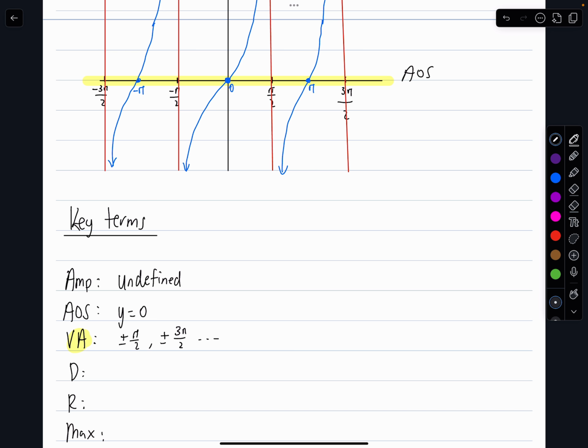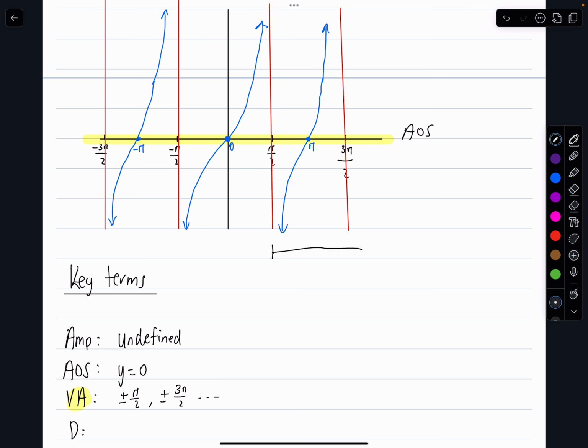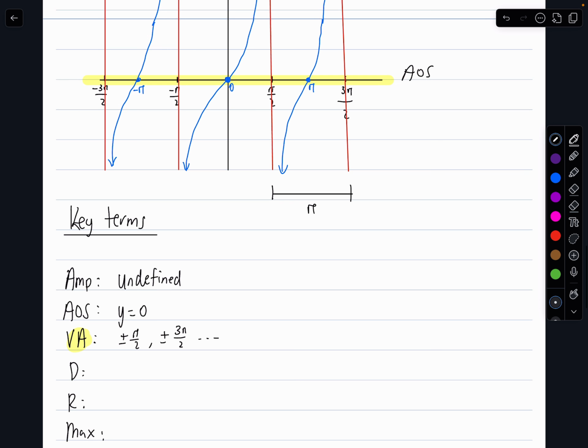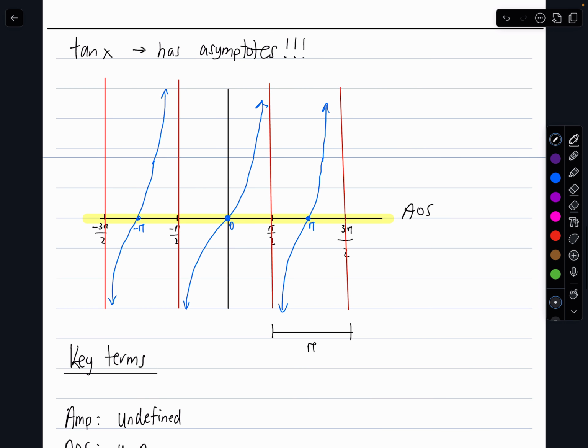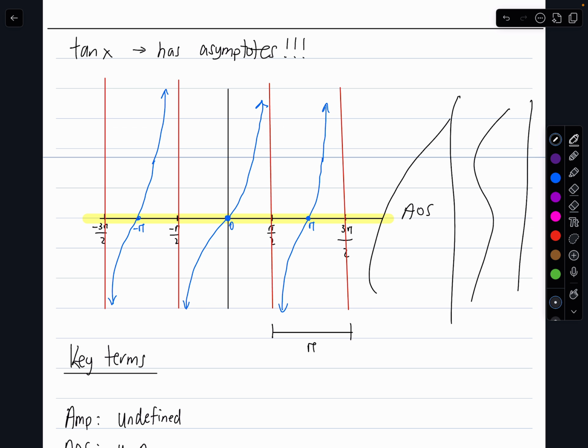What's the distance between these two vertical asymptotes? The distance is pi, because 3 pi/2 minus pi/2 gives us pi. So if we keep on adding pi, we'll find the other vertical asymptotes as we continue going forward to the right.